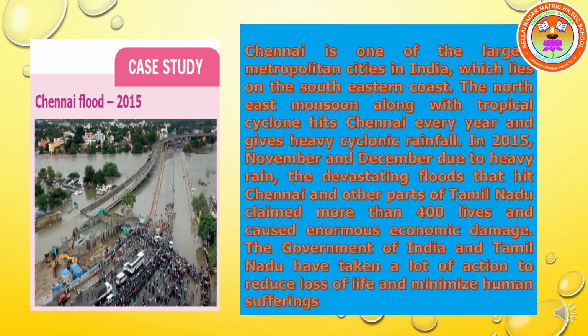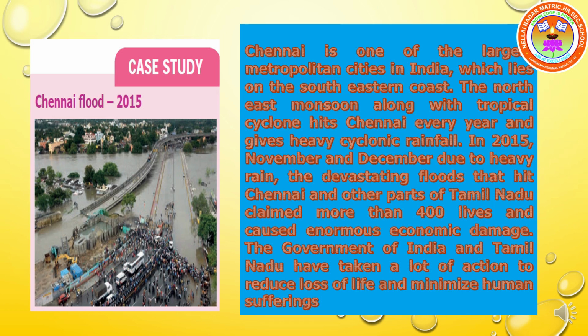In 2015, November and December, due to heavy rain, the devastating floods that hit Chennai and other parts of Tamil Nadu claimed more than 400 lives and caused enormous economic damage. So during the year 2015, in Tamil Nadu, more than 400 people died and it caused heavy economic damage.